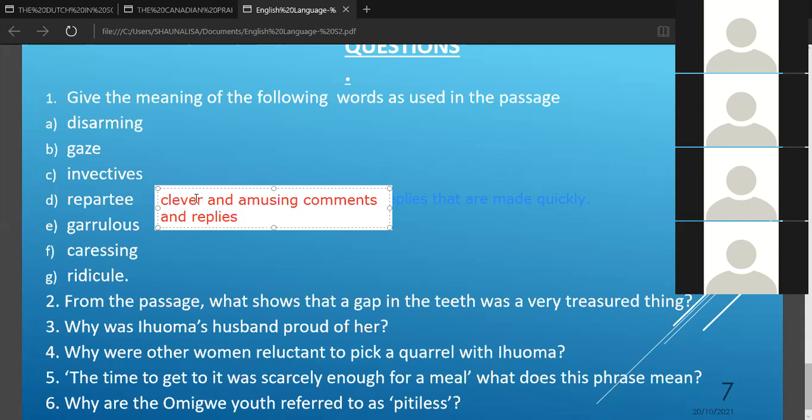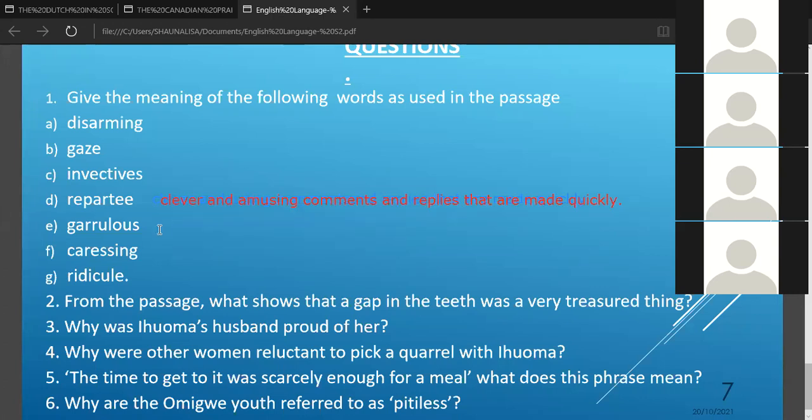Okay, as I write this one, the meaning of garrulous. I think to be garrulous means to be very engaging in a lot of talk, especially about trivial matters. Pointlessly or annoyingly talkative.